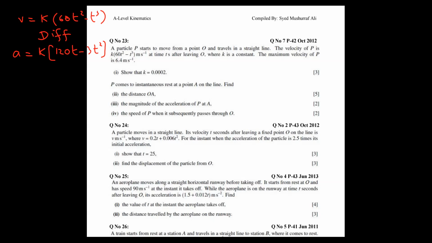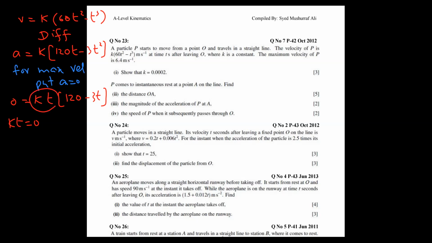According to plan, for maximum velocity I will put acceleration 0. So when I put acceleration 0, t is also common, I got t(120 − 3t). Now either k is a constant so k can go, or kt is equal to 0, or this bracket equals 0.